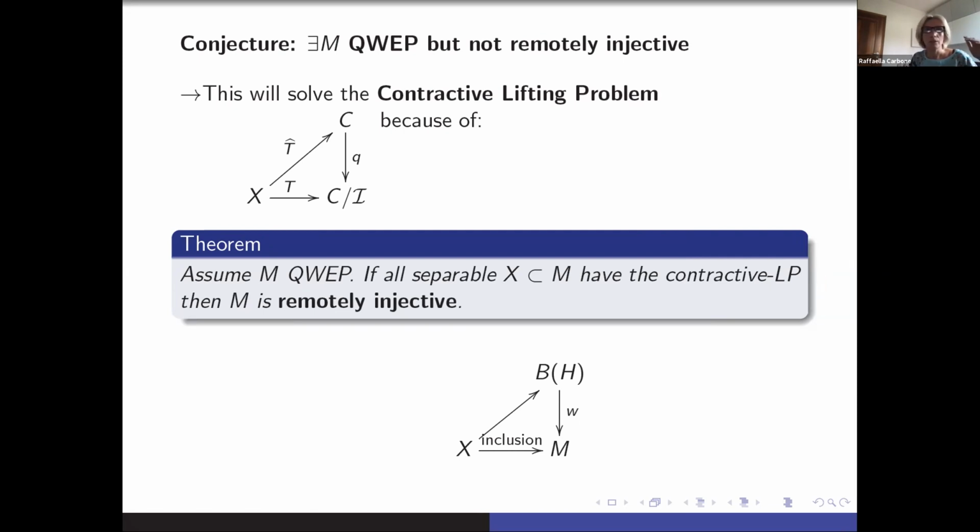And remotely injective, as you told, is a contractive projection. And when you have seemingly injective, which is the best projection that we can have, or the unital positive? Unital positive, okay, thank you.